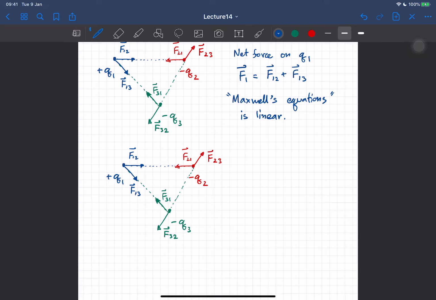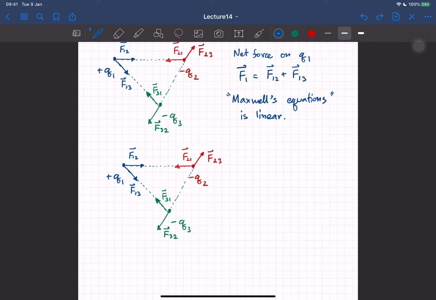Okay, so what I mean is this. Looking at Q1, there are two forces acting on Q1, one from Q3 and the other one from Q2, which is this one and this one. So the net force is the vector sum of the two forces.